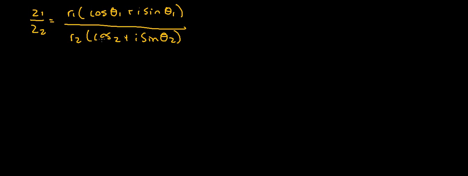So I got here, and then I was like, well, obviously I can factor out the R1 and R2, so let's do that real quick. I'm just doing it to show why I had such a stupid moment.